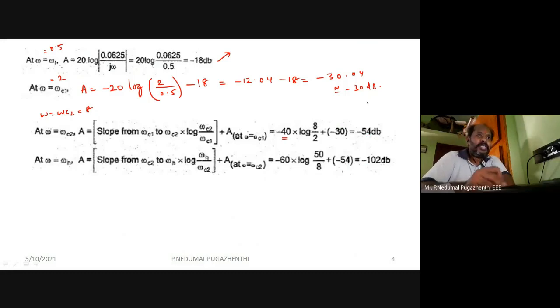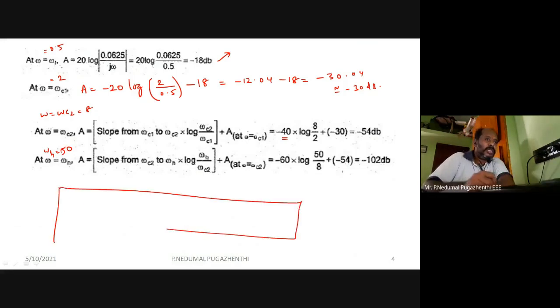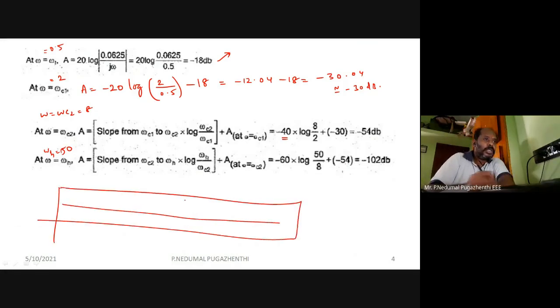And I complete these magnitude values by choosing the appropriate omega value. This omega H is equal to 50. So let me complete the table. The different values of omega and the magnitude, four values are there. Initially it is 0.5, the value is minus 18.